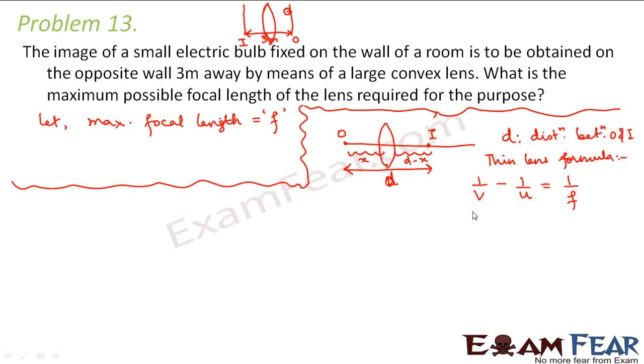So 1 by (D minus x) minus 1 by (minus x) is equal to 1 by f. Or we can say that f is equal to x into (D minus x) divided by D. So this will be the value of the focal length.